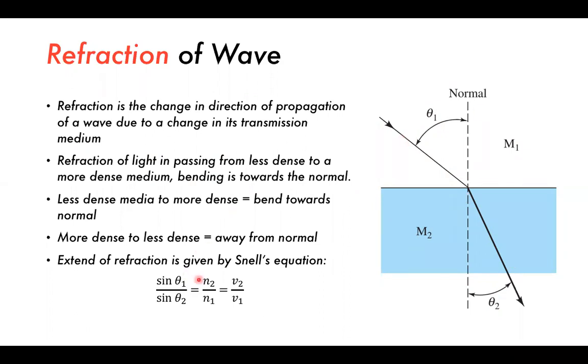The extent of refraction is given by Snell's equation, where sine of theta 1, which is theta 1 in medium 1, over sine of theta 2, which is theta 2 in medium 2, is equal to n2, the refractive index of medium 2, over n1, the refractive index of medium 1, which is equal to the velocity in medium 2 over the velocity in medium 1.